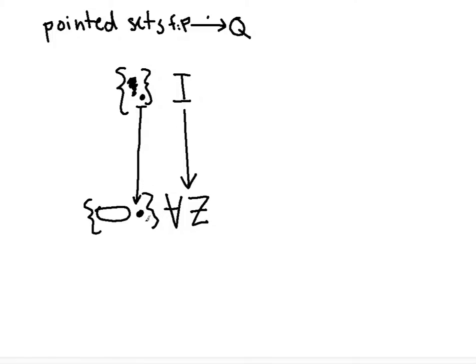Then this one maps to that one, and we don't have any other choices. There's exactly one. So in this category of pointed sets, the one element set is both initial and terminal. There's a unique map into it from every pointed set, and there's a unique map out of it from every pointed set.